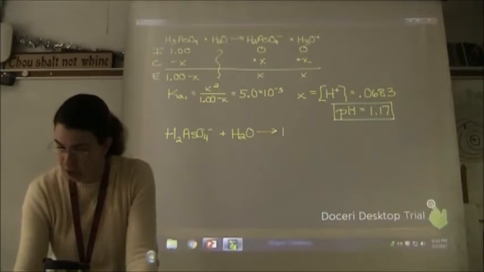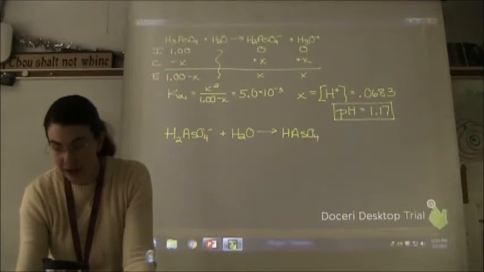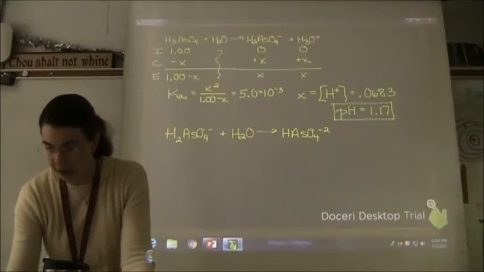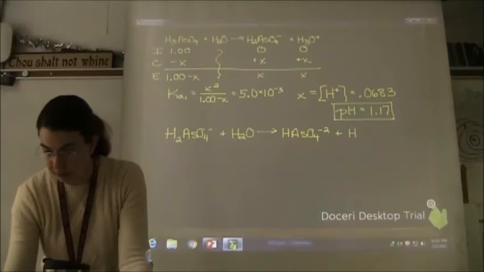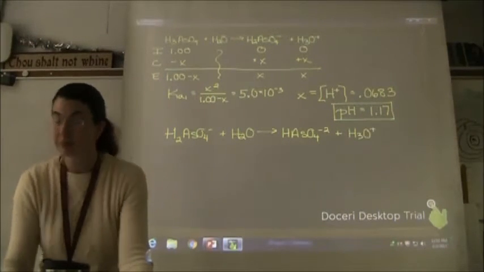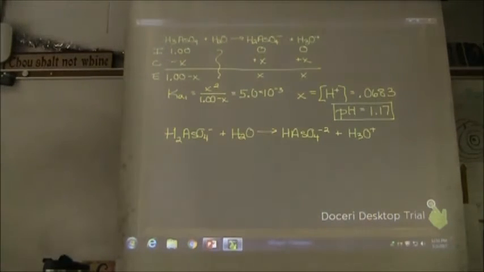Just H. Okay, HAsO4 2 minus, good. Plus what? Plus hydronium. All right. If you were asked to write out the third dissociation reaction, I think you could do it.